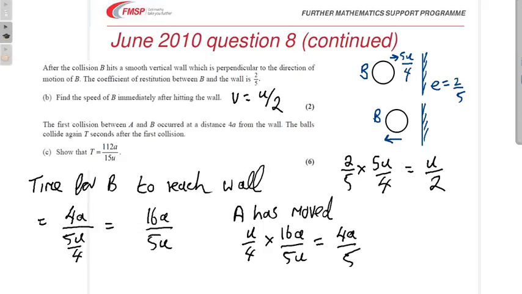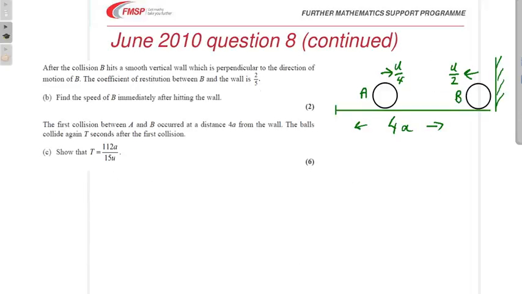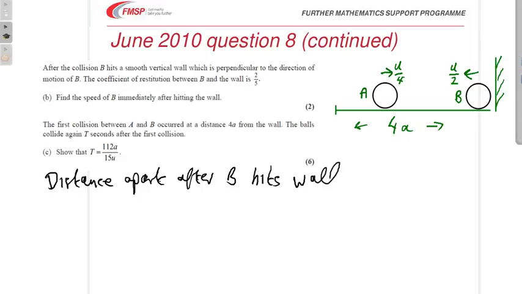Okay, so that's useful information. I need to go to the next page to get some more room now. I'll jot those values down again here. So, the distance apart after B hits the wall: A has moved a distance of 4a over 5.